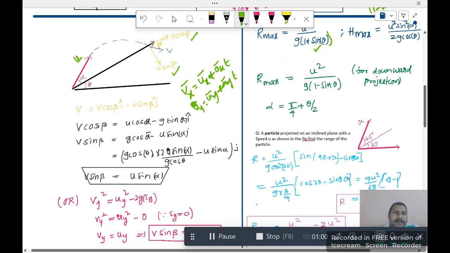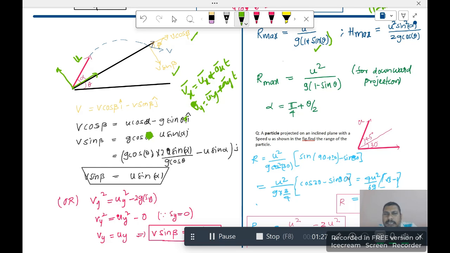So now v cos beta is u cos alpha minus g sin theta into t. Similarly for v sin beta, with t being the time of flight. The time of flight in this case is the same: sy is equal to 0, giving t equal to 2 u sin alpha by g cos theta.